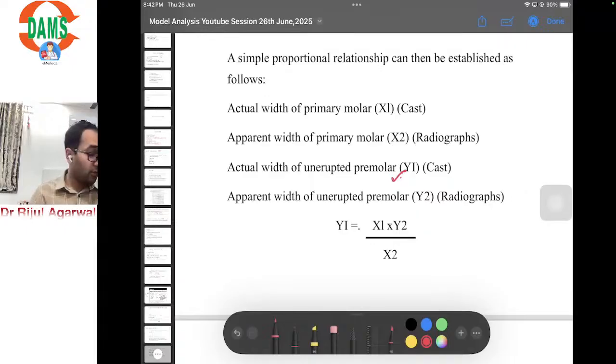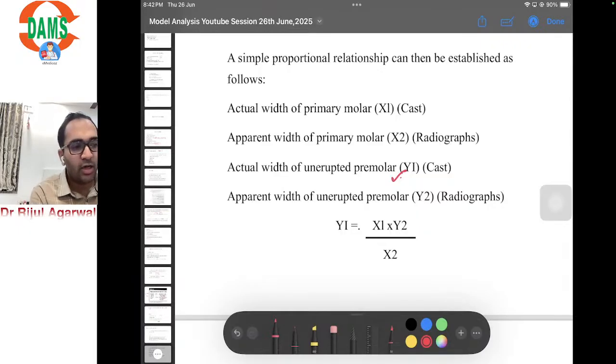Actual width divided by apparent width equals actual by apparent, just cross multiplication and you get it. What question you get is slowly relying on the radiograph, it's the Huckaba's analysis. It does not take into account any proportionality table, anything else. Formula is there, but no proportionality tables.